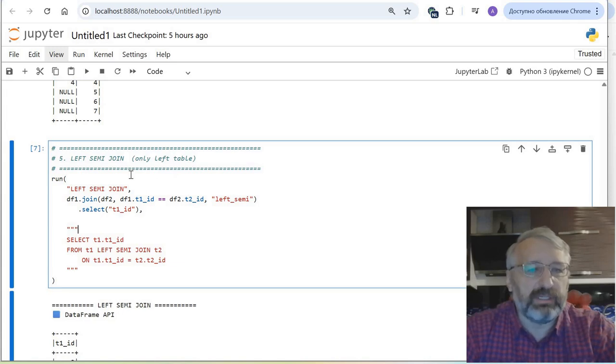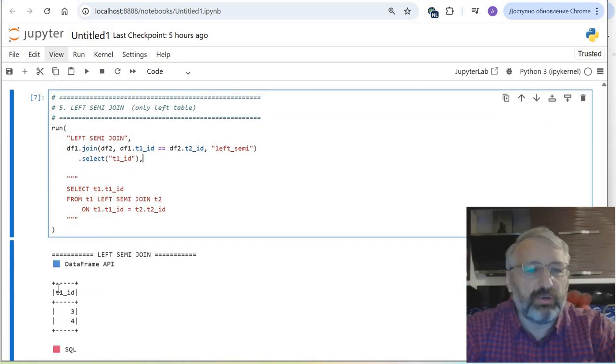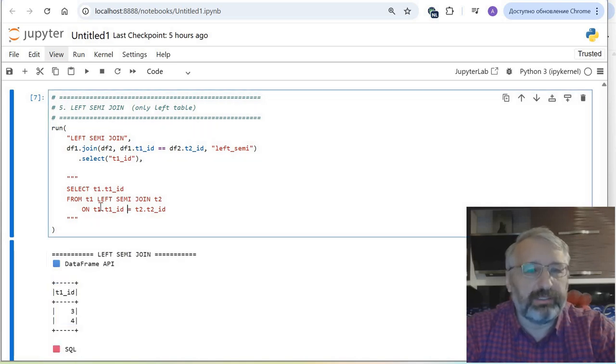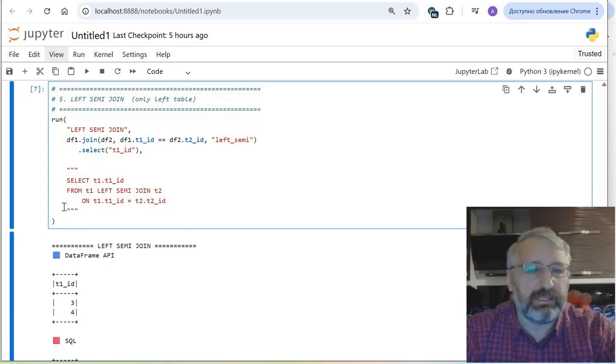Left semi join. Left semi join returns only the left table. It selects only those rows in the left table which have matching rows in the right table.